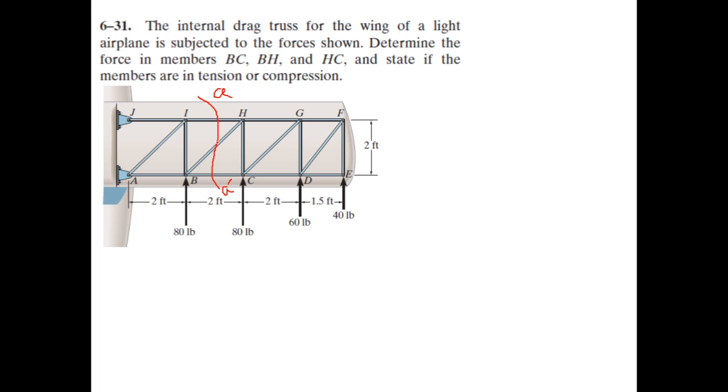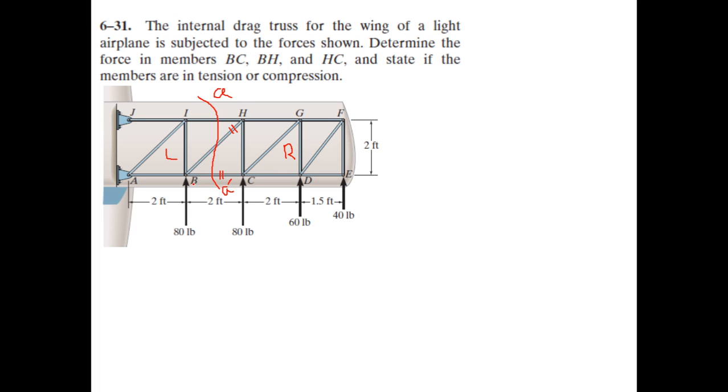In this way, you see that it is still passing through this member, which is a required force, and this member, which is also a required force, and it is also splitting the entire truss into two portions. So we now have the right hand side and the left hand side of the section, and it is purely arbitrary for us to select any of these.